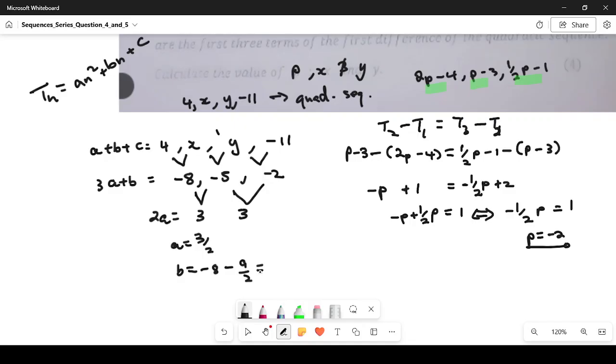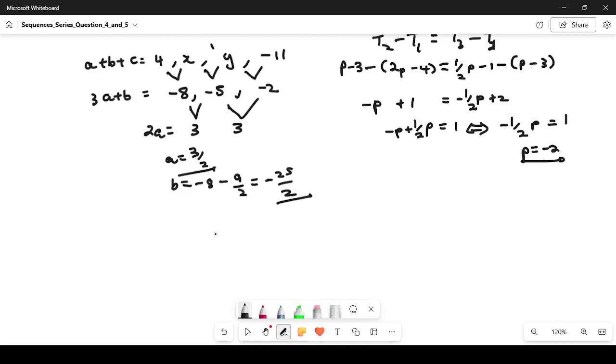I don't like these fractions. Let me see what my b is. Minus 8 minus 9 divided by 2. So our b is negative 25 divided by 2. And then our c, that's 4. So I've just transposed everything to the other side just to save space here.